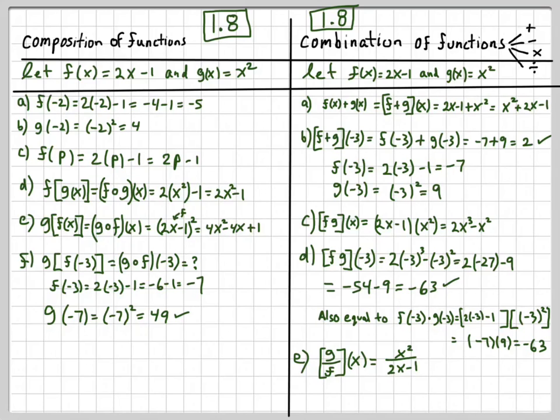So a lot of the times, in combination with an answer of a fraction like this, we would also have to state that the domain would be all reals except x cannot equal the number 1/2.